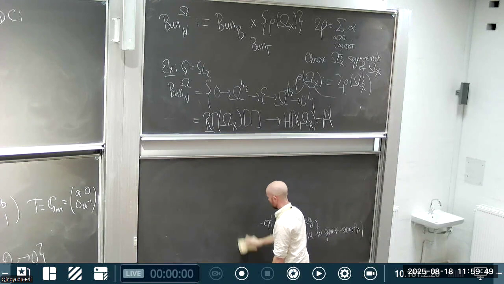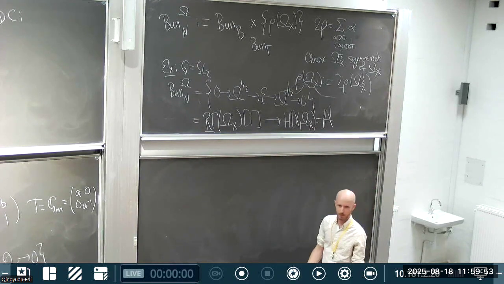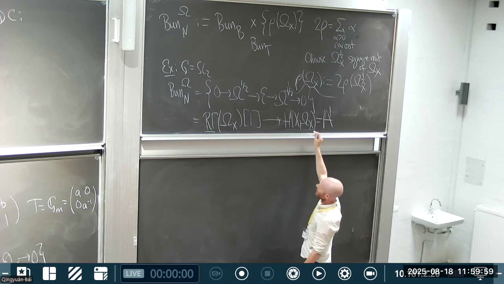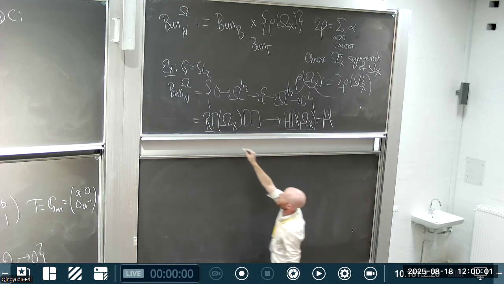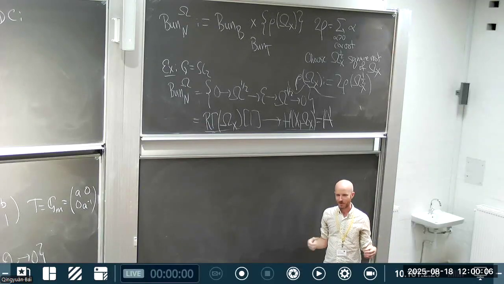In this expression, what's this A1? It's H1, and I can put an underline here also. The underline means take this vector space and think of it as a scheme, let's say a finite dimensional vector space.